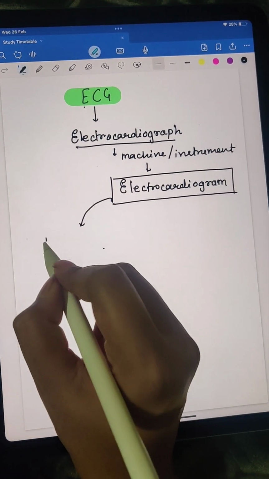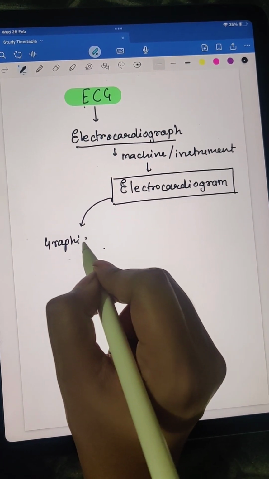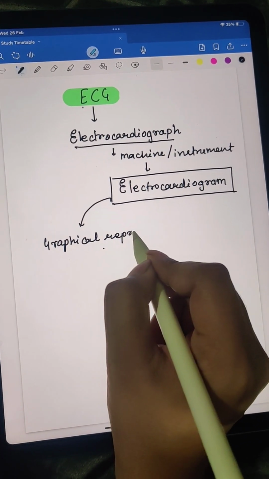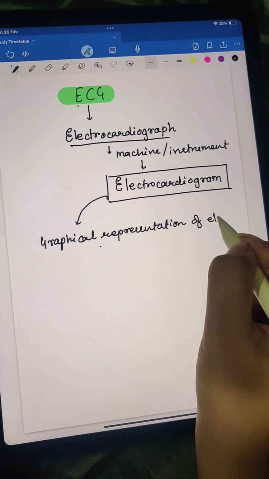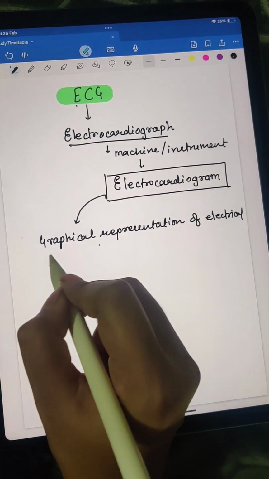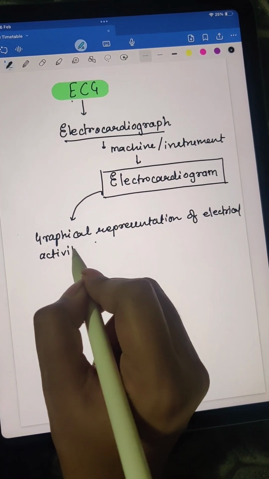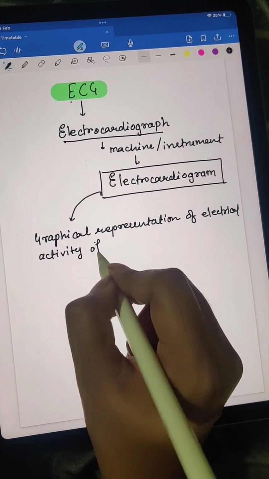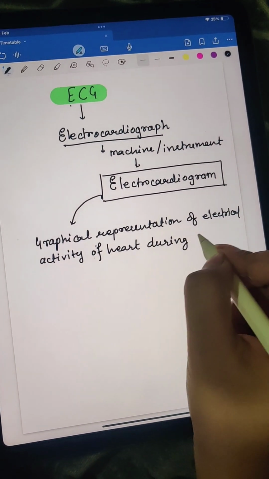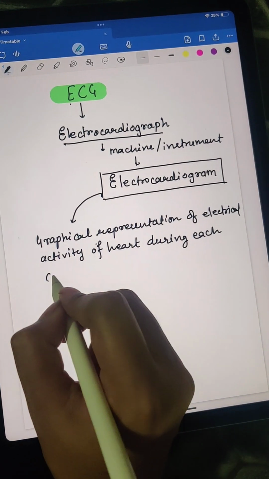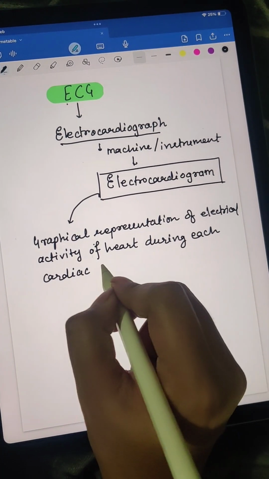It is a graphical representation of electrical activity of heart during each cardiac cycle.